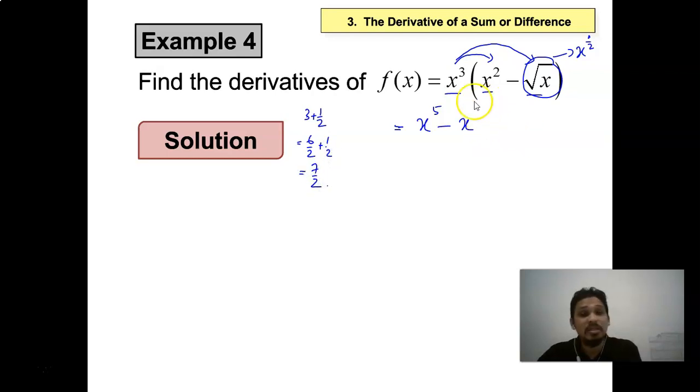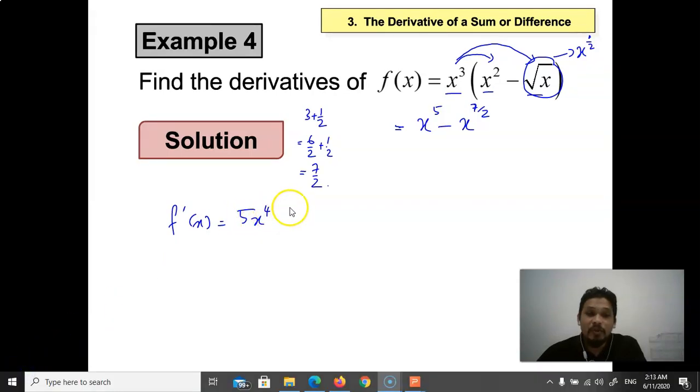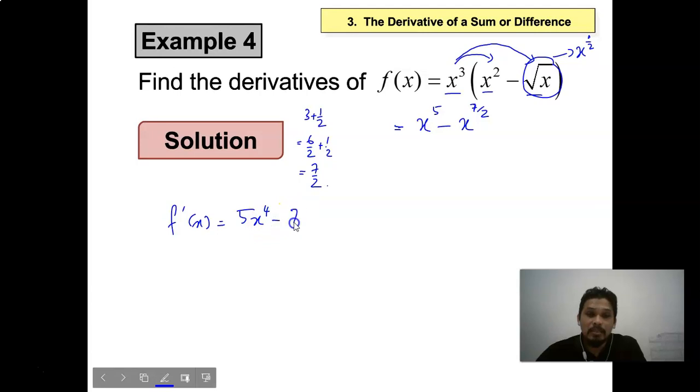Okay, so x to the power of 7/2. So then f prime x equals x to the power of 5, differentiate this, 5x to the power of 4, minus 7/2 x to the power of 7 over 2 minus 1, 7 over 2 minus 2 over 2, which is 5 over 2.